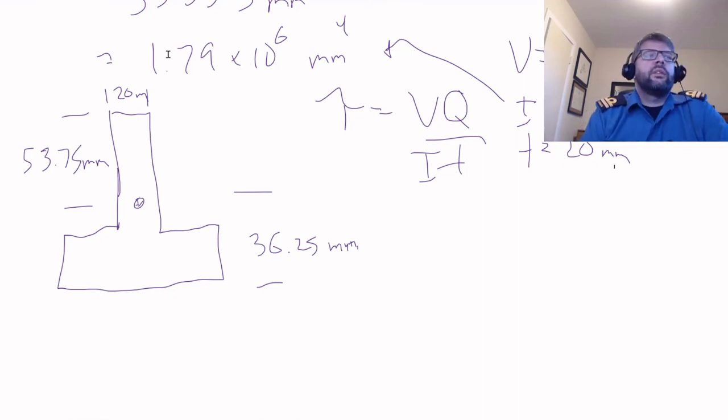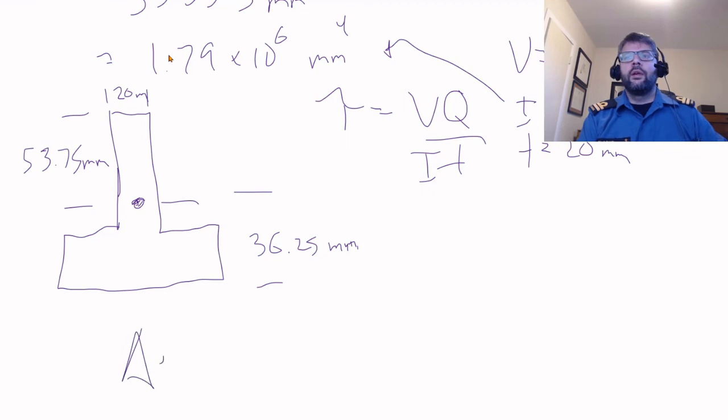Actually, you know what? I'm not going to demonstrate that. If our centroid is located here, then by definition, the centroid is located at a point where the area times the y bar amounts are equal when taken on either side relative to that centroid.